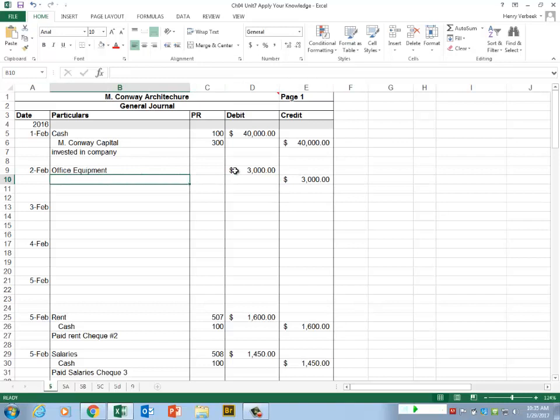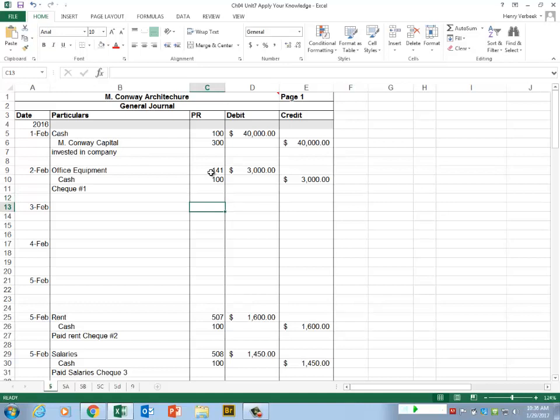Now the key is you need to establish whether you're paying cash or it's going into accounts payable. So it says check 1, so that is cash. And that is your particular. Now office equipment was 141 and cash, as we know, is 100.